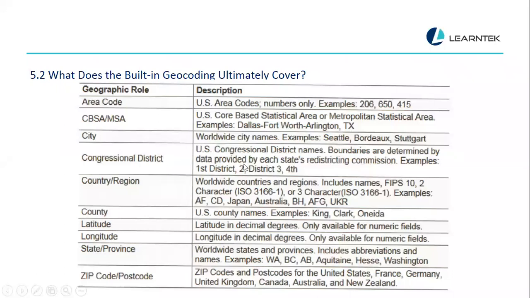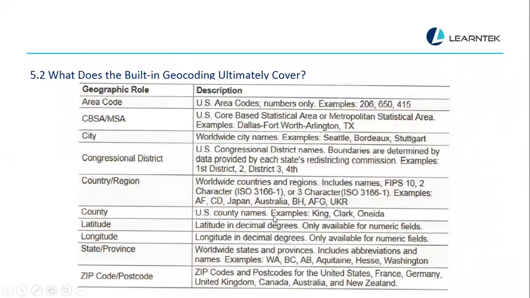Similarly for congressional districts, like district 3, 4th, 1st district, for all these text values Tableau can generate lat long. Similarly for Clark, Oneida, and such counties.